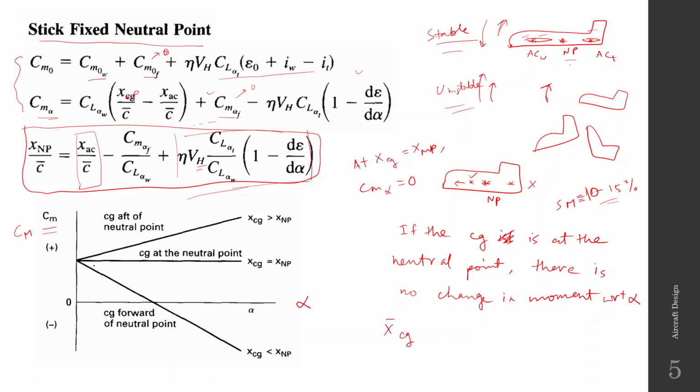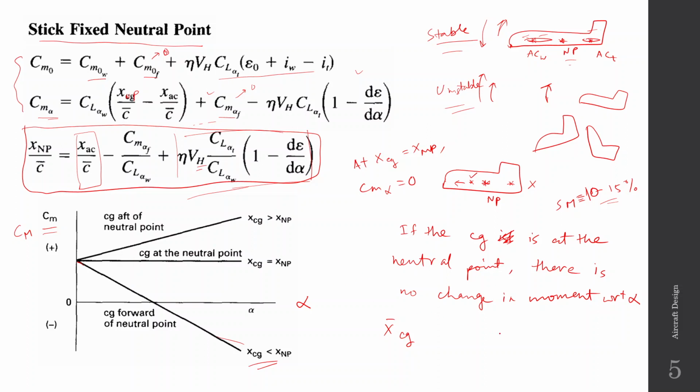So when xcg is in front of xnp, so when you have the condition that xcg is less than xnp, you can see that the aircraft is stable because it has a positive cm naught and a negative cm alpha slope.